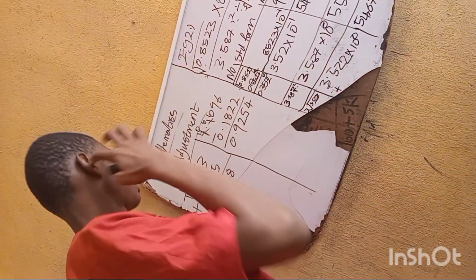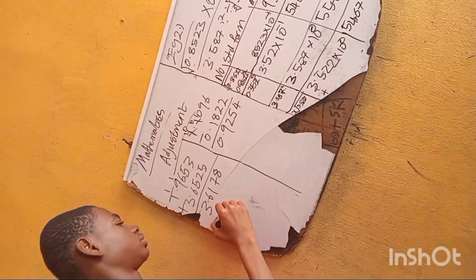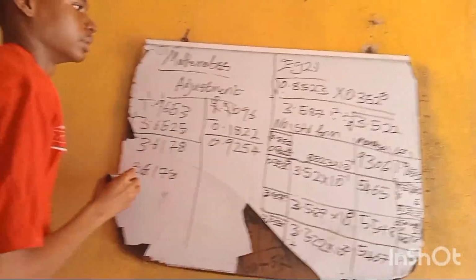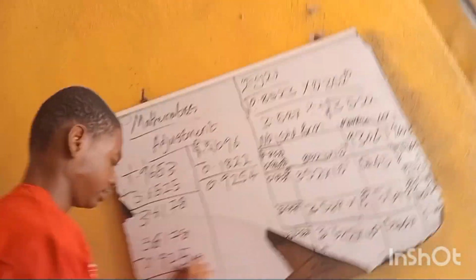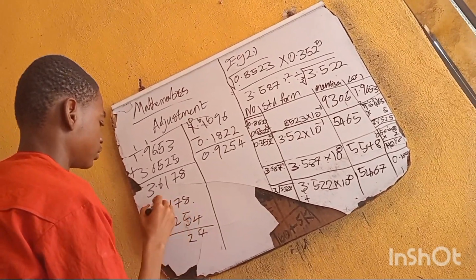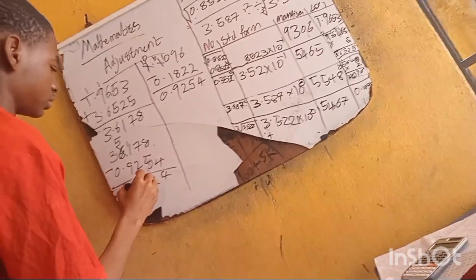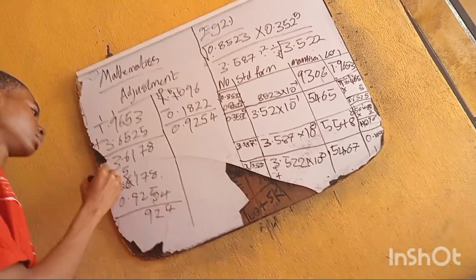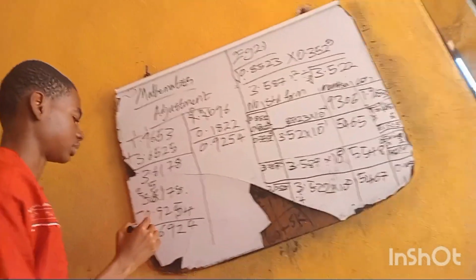Here, dividing becomes 3.6178 minus 0.9254. 8 minus 4 is 4. 7 minus 5 is 2. 1 minus 2, borrow 1, 11 minus 2 is 9. 5 minus 9 doesn't give a number, so 15 minus 9 is 6. 2 minus 0 is 2.